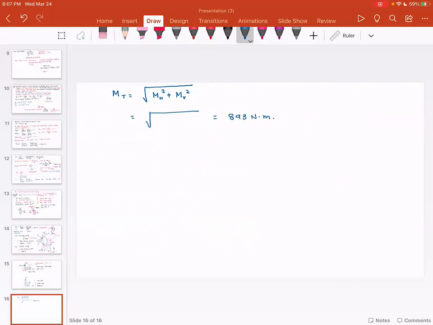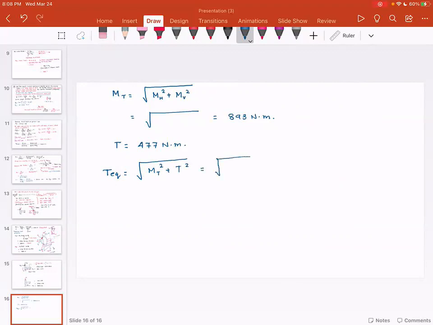We also have the torque value. We know torque is 477 Newton meter. So we can find the value of TEQ, which is the square root of M total square plus T square.